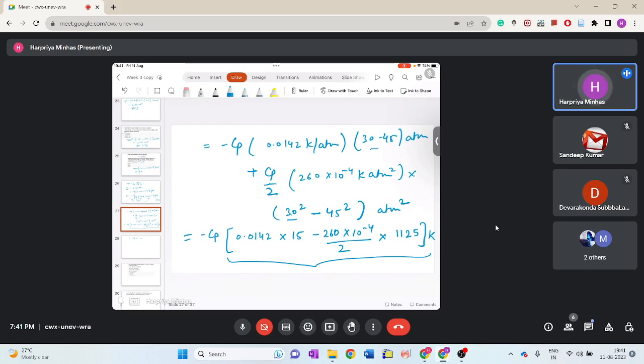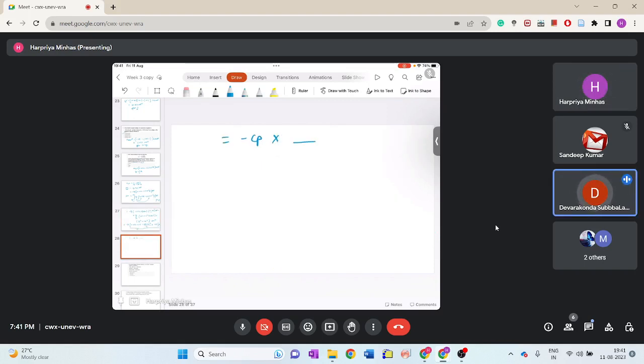Madam, that value is 0.06675, madam. Sorry, which one you are talking? This one only, the integration value, this 0.0114 to 15. Yes, madam. Okay. That value turns out to be 0.06675.